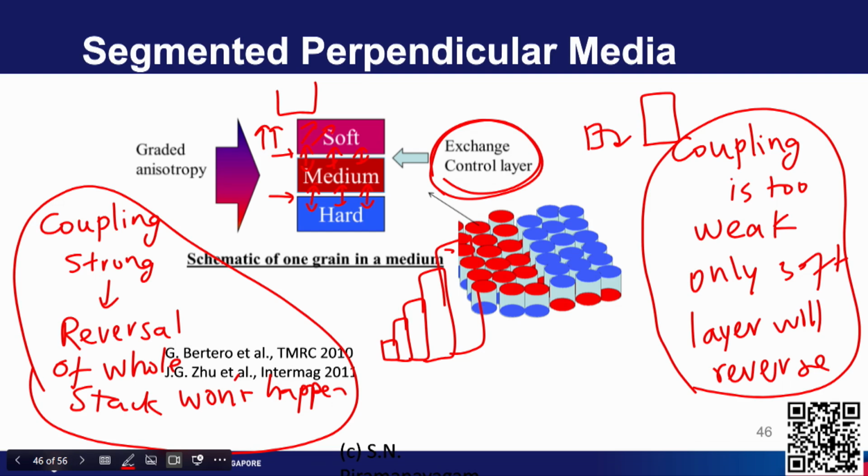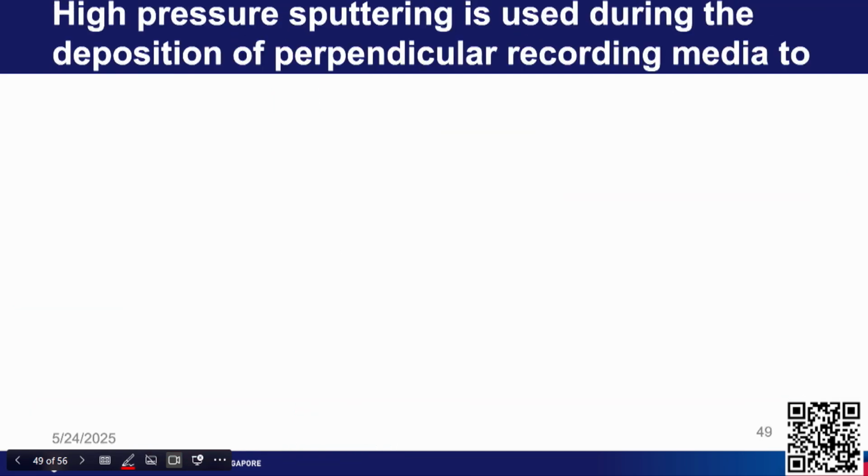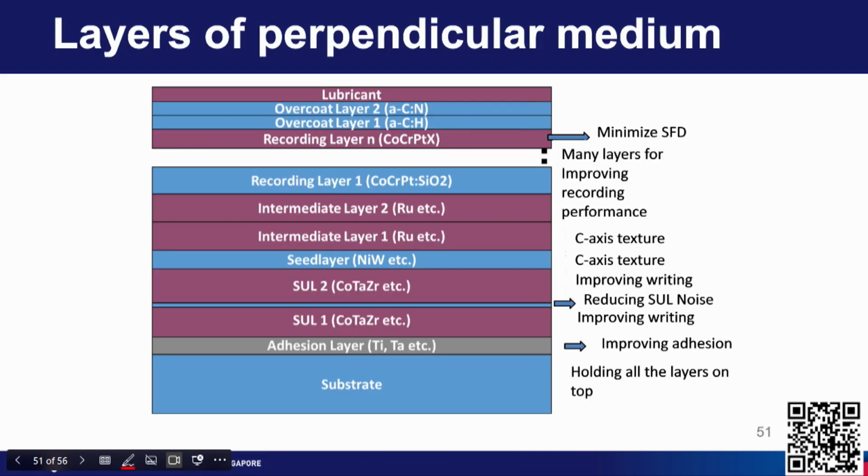Depending on the number of layers, you can go even over 20 layers for hard disk recording technology. So, this is the reason we have so many layers for hard disk recording technology, and after doing all this research, we are selling them for $7 US. So, that is the irony.